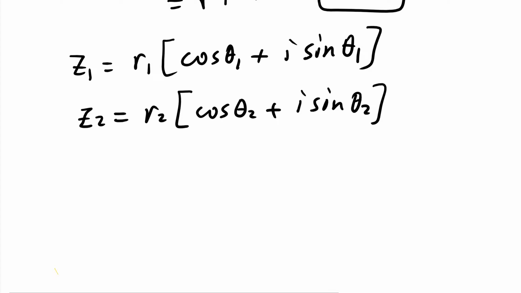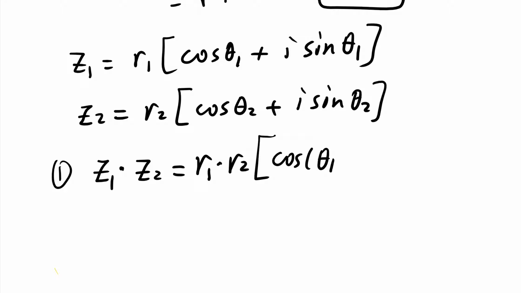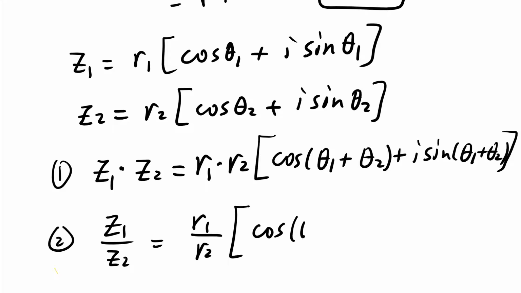We learned how to multiply them out. z1 times z2, you multiply the r's, r1 times r2, and add the angles. So in multiplication, we add the angles. When we divide z1 divided by z2, we divide the r's and subtract the angles.